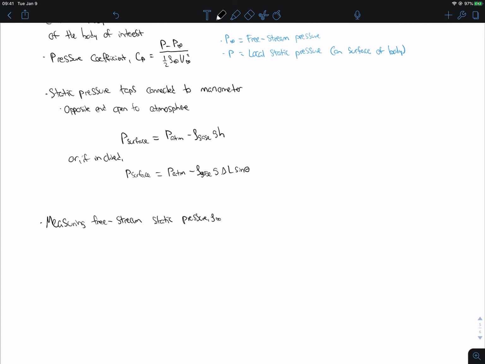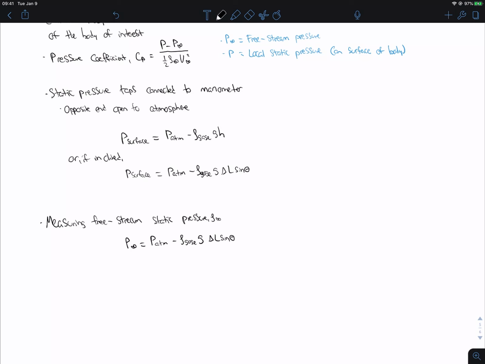So for this, all we have is P infinity equals the atmospheric pressure minus the density of the gauge fluid times gravity times delta L times sine of theta. It's basically the same as the equation that we just wrote above, but in this case it's our pitot tube, and not a tap connected on the surface of our sphere or hemisphere.